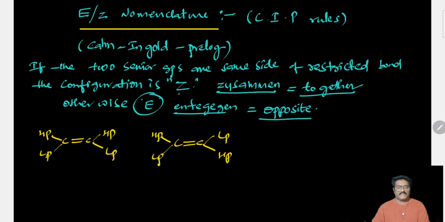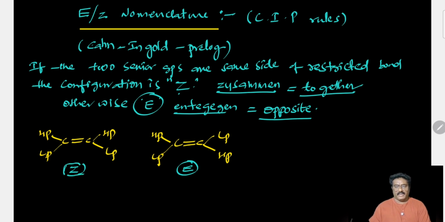If high priority groups are arranged on the same side, that is a Z isomer. If high priority groups are arranged on opposite sides, that is E, entgegen, meaning opposite. It is an E isomer, and that is a Z isomer.